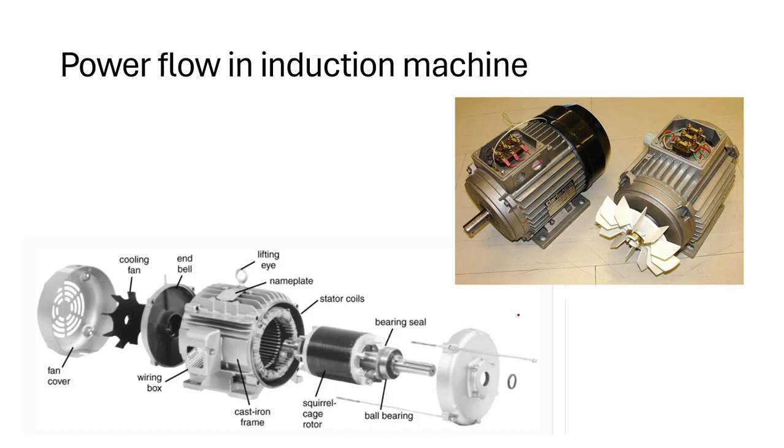Okay, so now we will see the power flow in the induction machine. So here you can see the induction machine. What is the real induction machine? So this is the real induction machine, and this is the power flow. Basically, it is there in parts, but I will show you the power flow in the induction machine. Just wait, okay? So let's assume this is the stator.